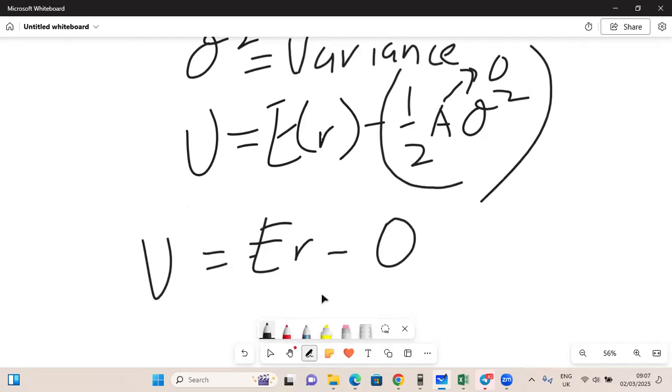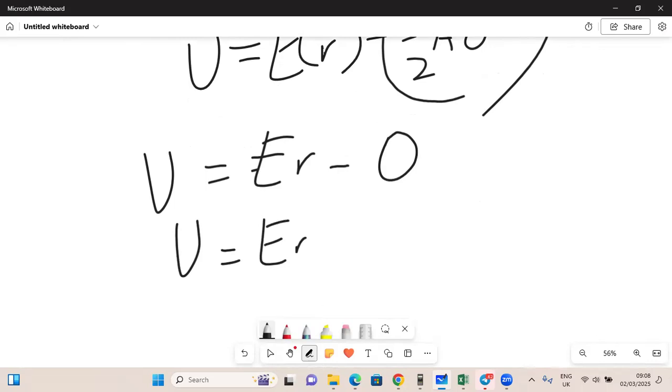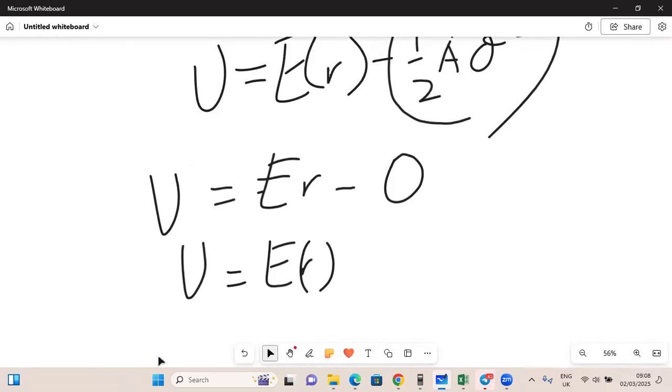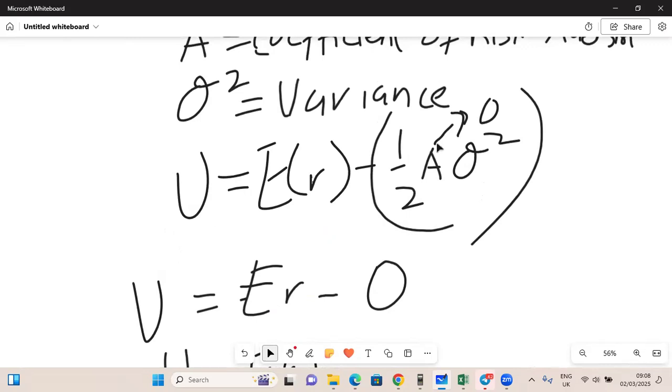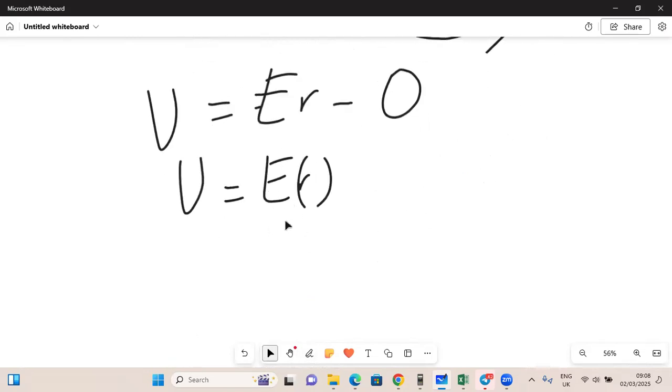The utility. So meaning that the utility is equal to the expected return. So we see they only judge their utility by the expected return. When we put A to be 0 and multiply 1 over 2 by 0 times standard deviation, everything is going to be 0 here. So you see that their expected return is equal to their utility when it comes to the risk neutral person, right?